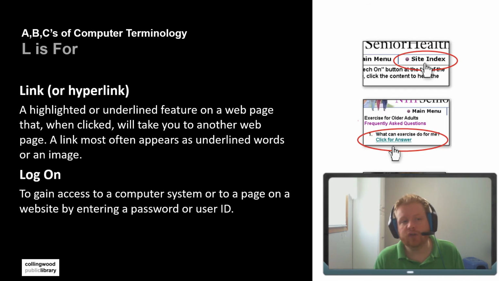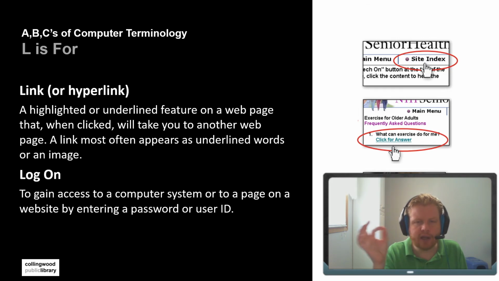L is for links, or another term is hyperlinks. Generally, these are underlined features on a website. These are the little texts that have the underline, and generally have different colors. Sometimes they can potentially be buttons, but when I take my mouse over one, it'll change my cursor.